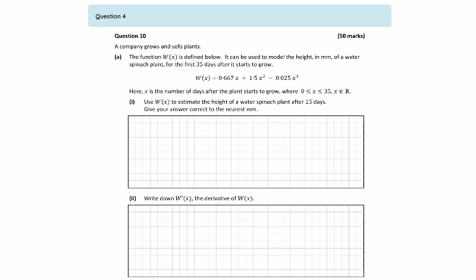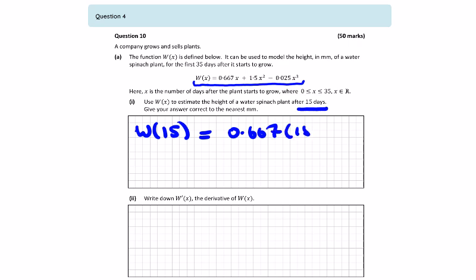In this question, we have a company growing and selling plants, and we're given this cubic function here for the height of a spinach plant for the first 35 days. And we're asked to estimate the height after 15, so just algebra substitution. W of 15 is equal to 0.667, and you're obviously going to write out what you're subbing in, plus 1.5 by 15 squared, and then minus 0.025 by 15 cubed.